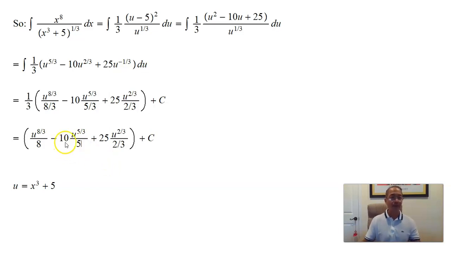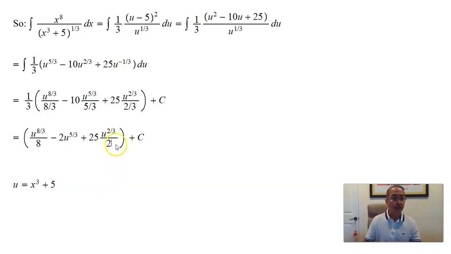Ooh, but wait a minute. 10 over 5, that's just 2. It keeps getting better. So that's just 2, and we can get rid of 5 over here. That's all we have there. This 3 is also gone, so we have 25 over here. Oh well, can't have everything.